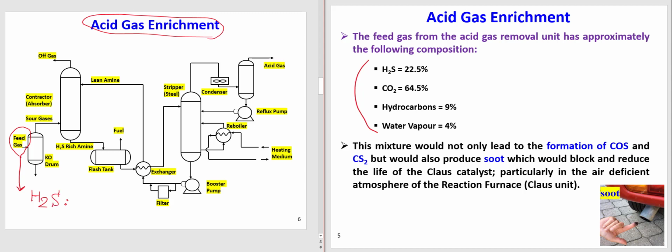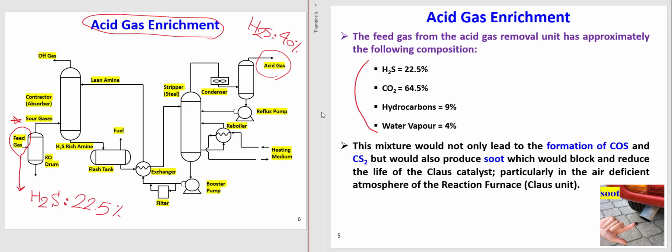This H2S is almost 22.5%. Then you will send it to this acid gas enrichment unit. At the end, you will get a stream that has more than 40% of H2S, which is suitable for the sulfur recovery unit. So the feed here has all these parameters.